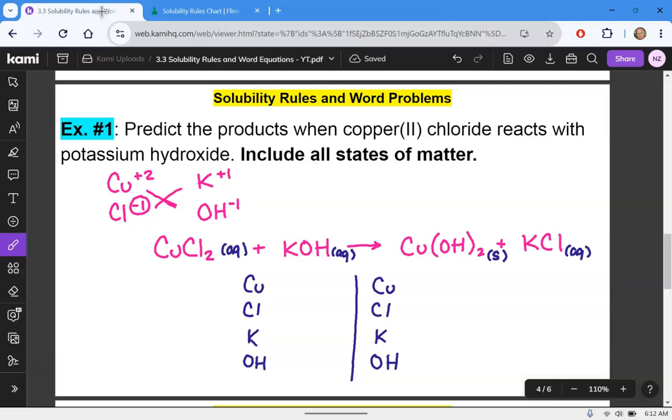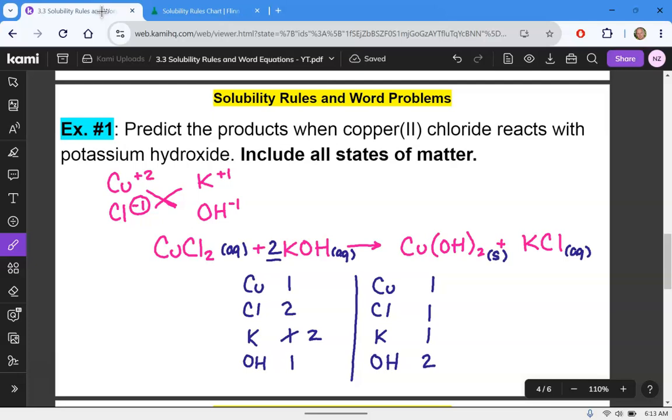All right, so I have 1 copper, 2 chlorines, 1 potassium, 1 hydroxide. On the right-hand side, I have 1 copper, 2 hydroxides, 1 chlorine, 1 potassium. To balance this, let's start with the hydroxide. Let's put a 2 here. That's going to multiply to our potassium, which makes that a 2.